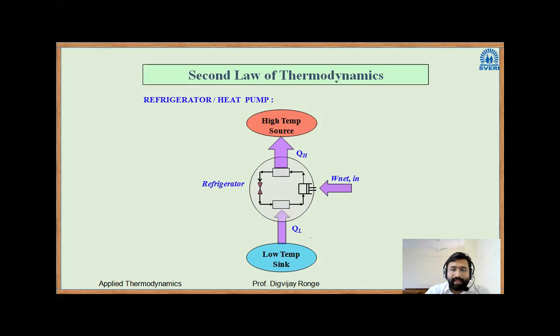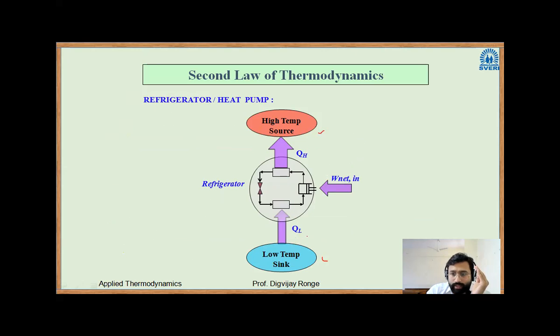Okay. So refrigerator and heat pump. This is a classic diagram for a refrigerator and heat pump. Now, what is the difference between a refrigerator and a heat pump? Can anybody tell? I will tell you, for a refrigerator and a heat pump, this diagram is the same. There is a sink, there is a source, and there is this machine.